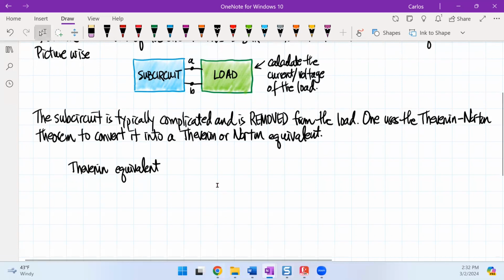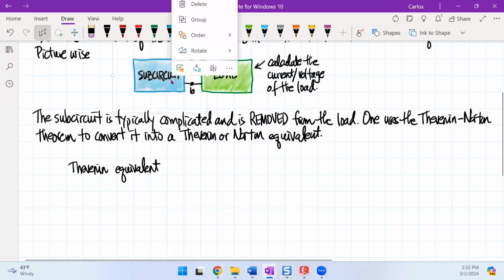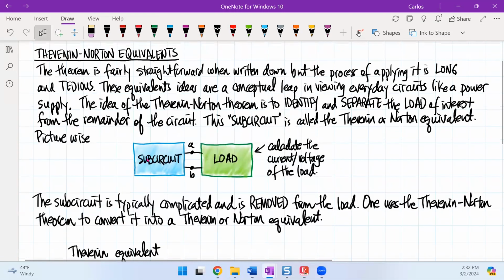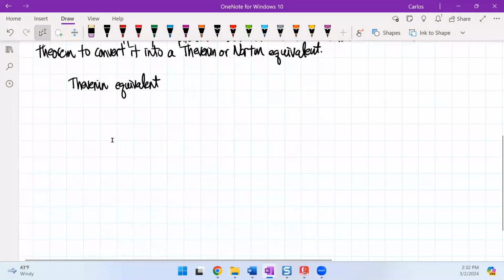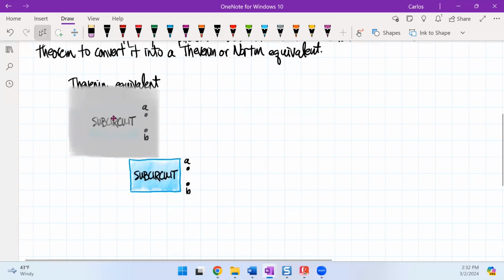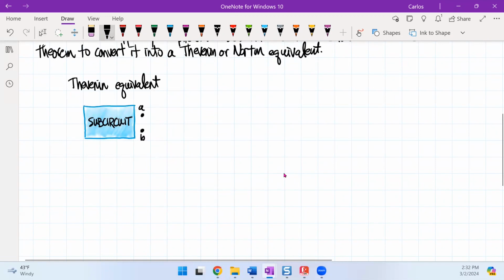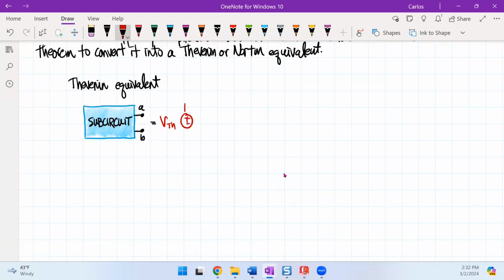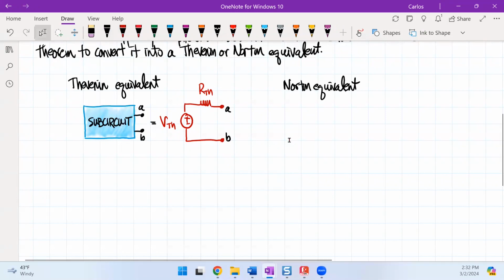So if I copy this and bring it down here and repaste it, I could have a circuit where this is now replaced with a voltage source and a resistor in series, where these nodes are A and B. If I do a Norton equivalent, then it looks like this instead.